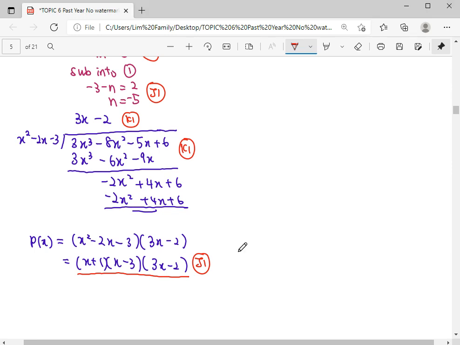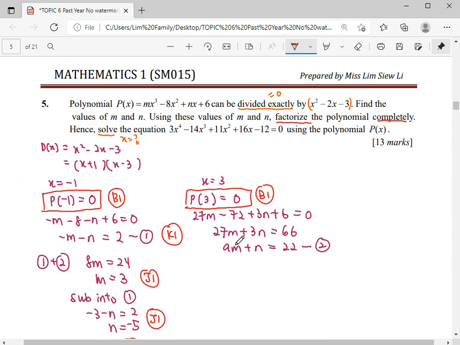We continue for the third part of the task here. After we factorize completely, we need to solve this polynomial of power 4 by using this polynomial px. This polynomial of power 4 and this px have a relationship. So we try to take this polynomial, divide by this px and see what we get.